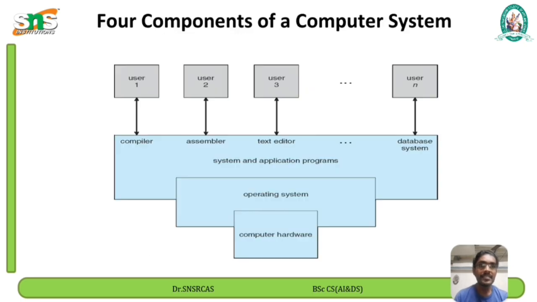And here is the basic structural diagram of the components of a computer system. There is computer hardware and there is an operating system. The operating system acts as an interface between the computer hardware and the system application programs. There is a list of system application programs like compiler, assembler, text editor, database system, and so on.